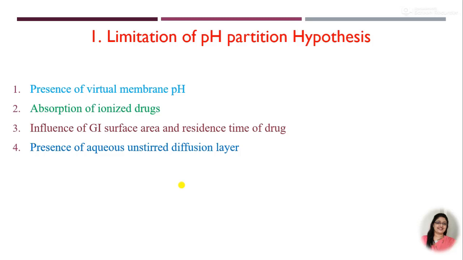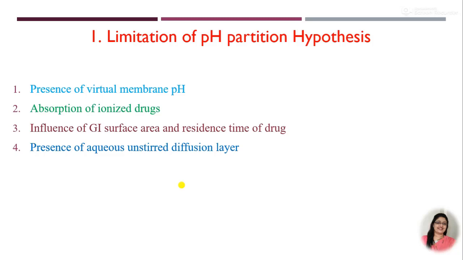Now, having understood the pH partition theory, which states that the drug should be in unionized form for its maximum dissolution and absorption at a particular site of absorption, and secondly, that lipophilicity plays a very important role.